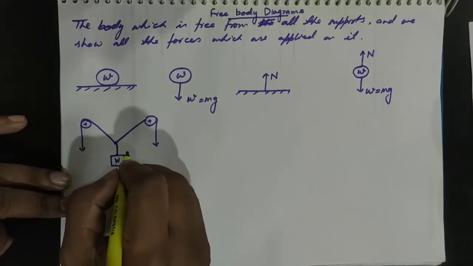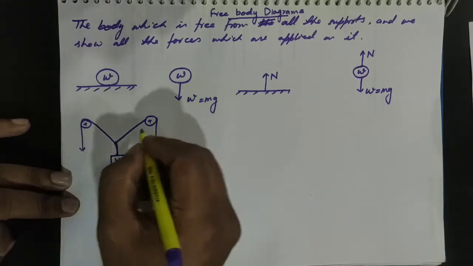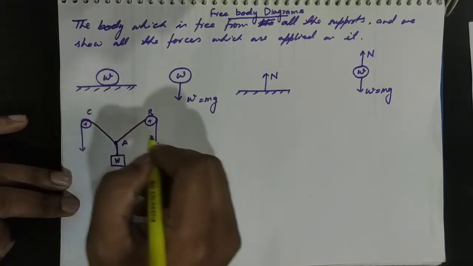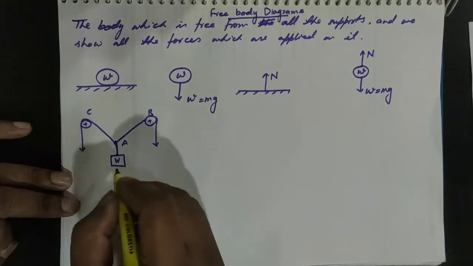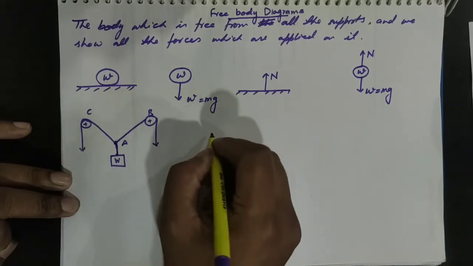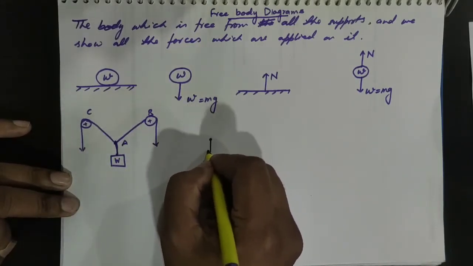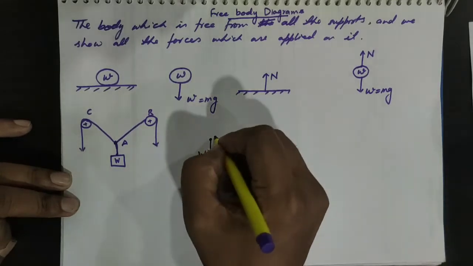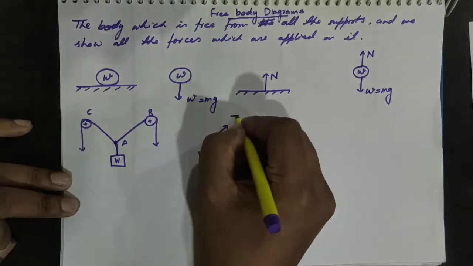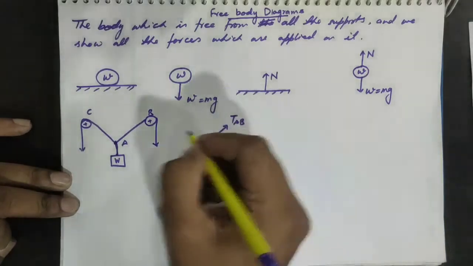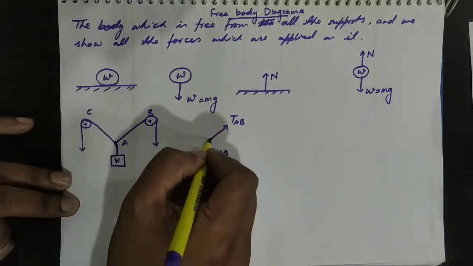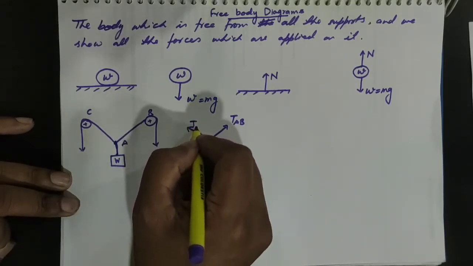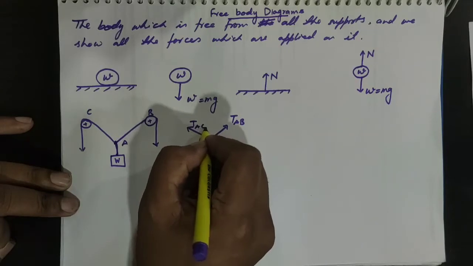Capital W is the weight, this is point A, this is B, this is C. Then if we are making the free body diagram of that body, W is equal to mg acting in this direction, and TAB is the tension in this rope, and TAC in this rope.